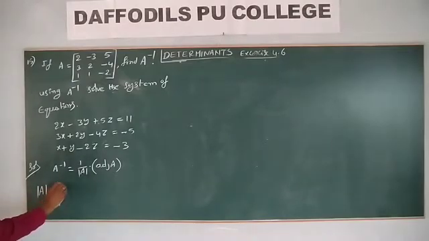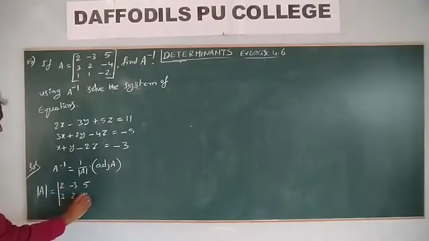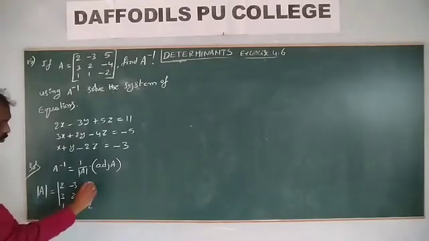Determinant of A: 2 minus 3 5, 3 2 minus 4, 1 1 minus 2.